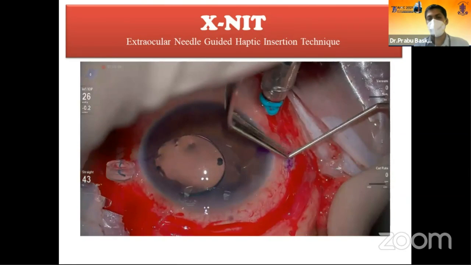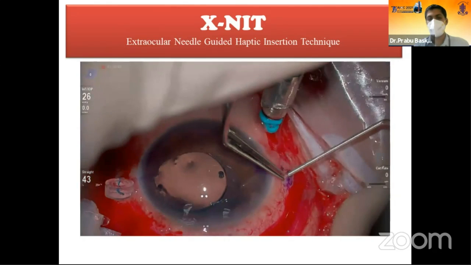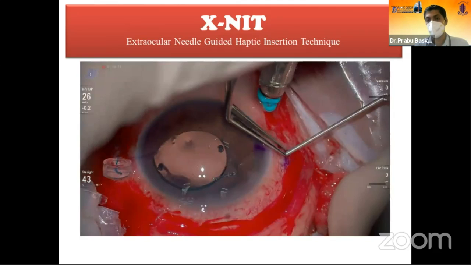So wait for the haptic to come. It's a good idea to, again, catch hold of the haptic gently and then disengage the needle.